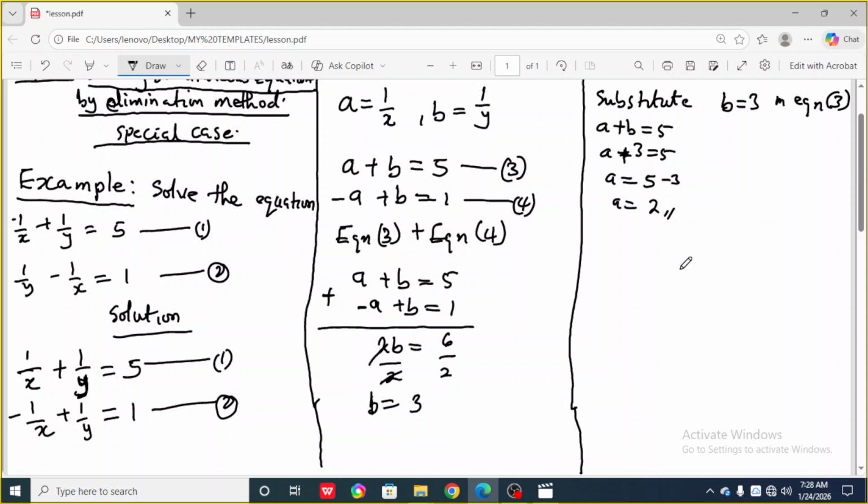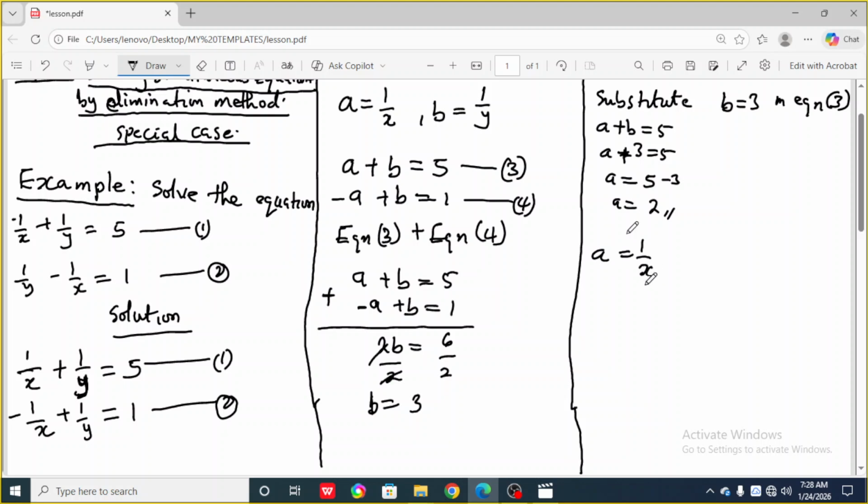But our original question is not a function of a and b. It is a function of x and y. In that case, we need to go back to where we said a is equal to 1 over x, and b is equal to 1 over y, for us to find x and y. The first one says a is equal to 1 over x.